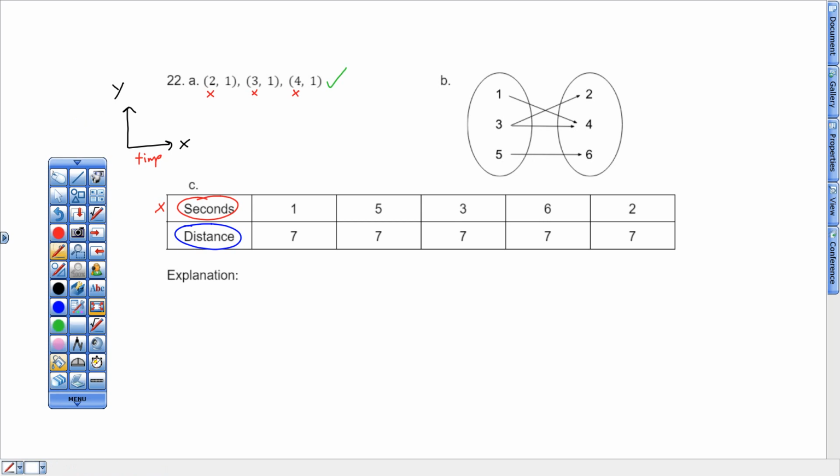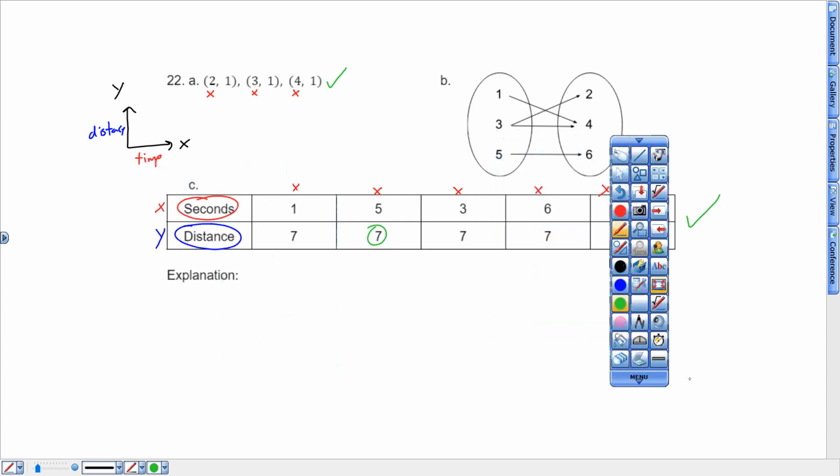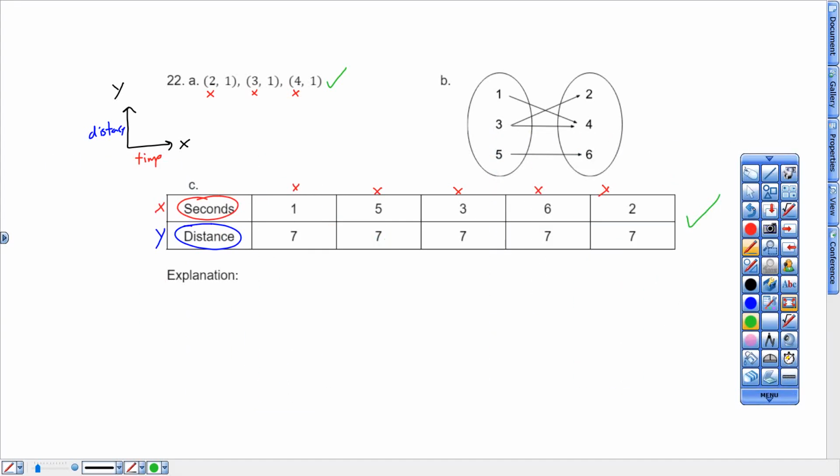So for this one, my distance, those are the y numbers. So for this, I'm looking at all these x numbers. If none of these repeat, I know it's a function. So none of these repeats, that's a function. It doesn't matter that those bottom numbers are all 7. Those are the y numbers. Those are the output numbers. What matters are the input numbers.